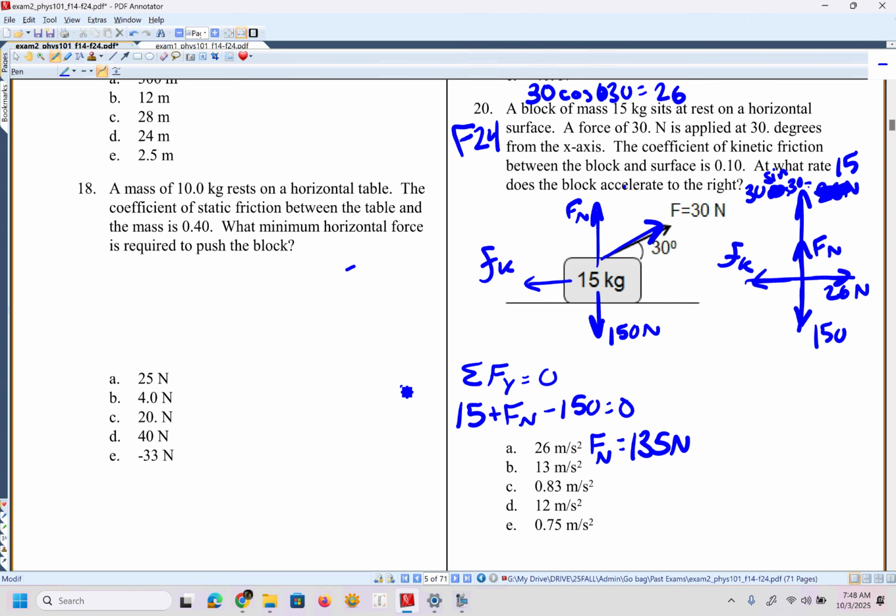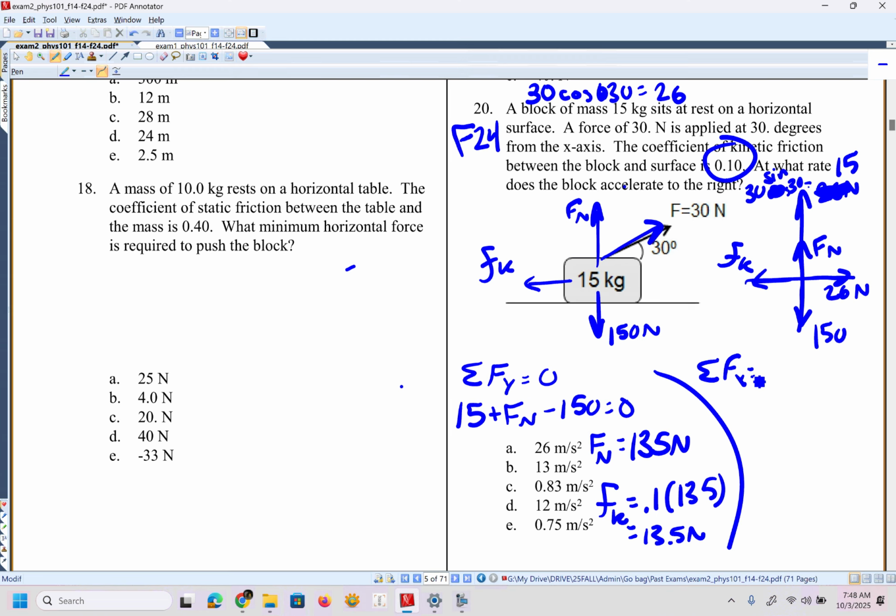Then I can also find the kinetic friction. That's equal to 0.1 times 135. 0.1 is the coefficient times 135. That's equal to 13.5 newtons. And now finally, I can do the sum of the forces in the x direction, which is 26 minus fk. 26 minus 13.5 equals max.